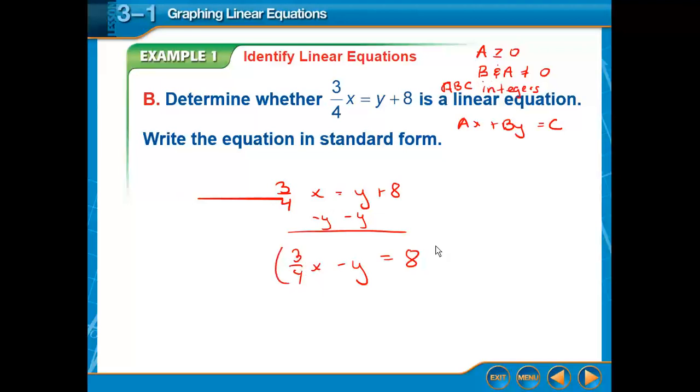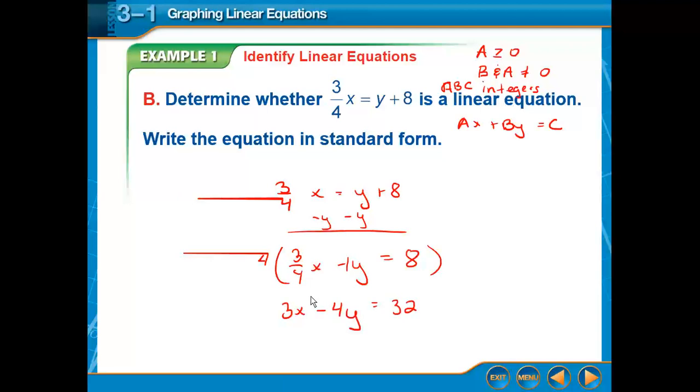To make that an integer, I want to get rid of that fraction. To get rid of a 4 on the bottom, I can multiply by 4. Whatever I do here, I have to do to the entire equation to keep it balanced. So 4 times 3/4 is 3x. 4 times negative 1 is minus 4y. And 4 times 8 is 32.